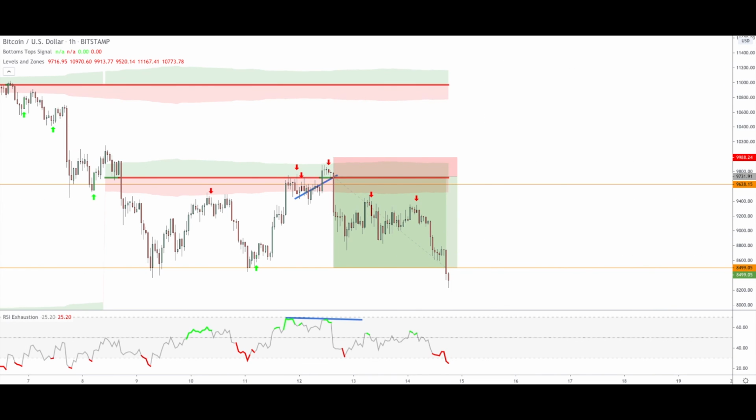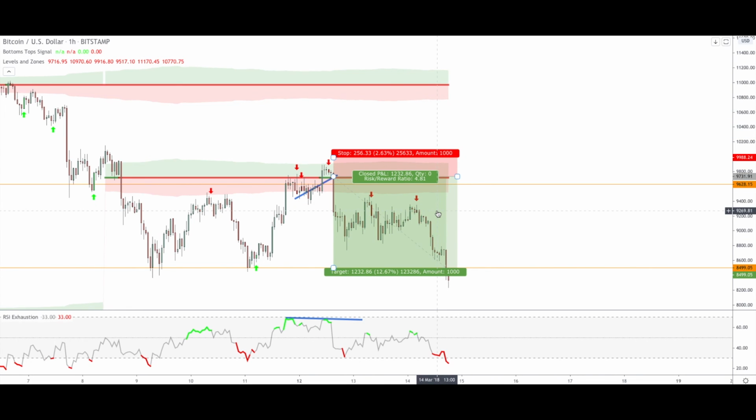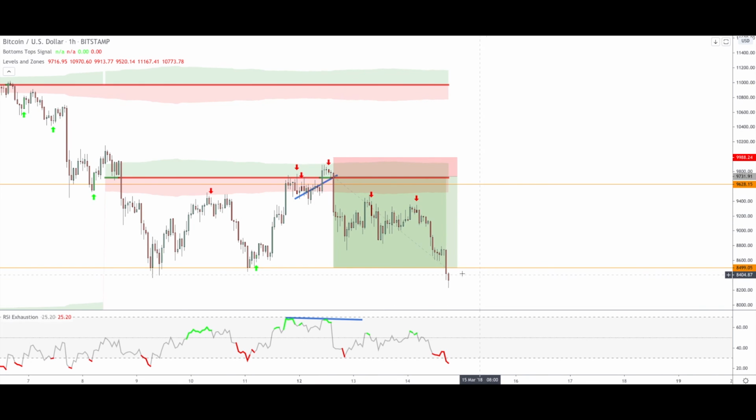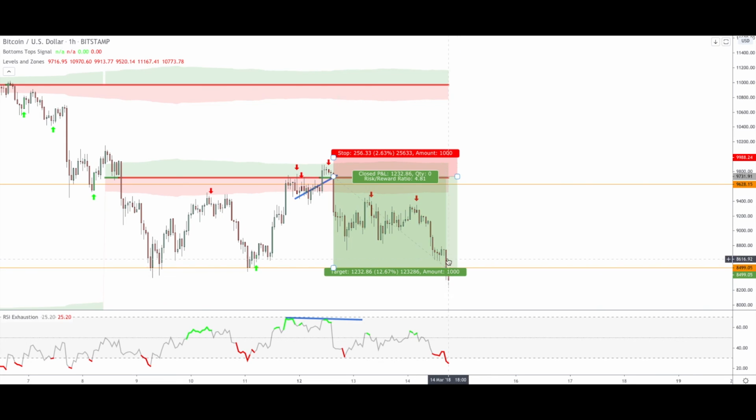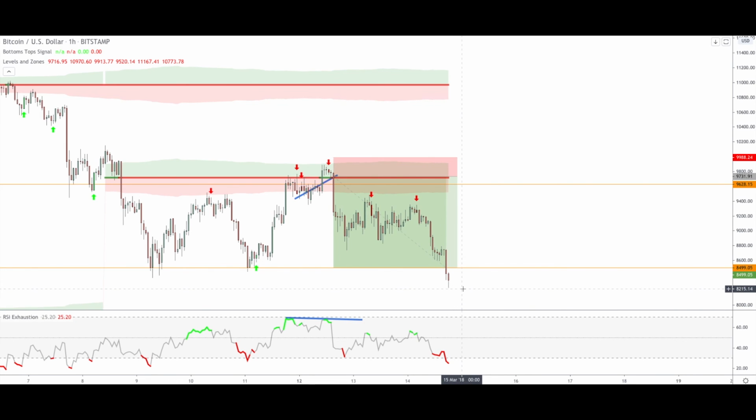I just don't care what it's going to do, because right now, first of all, I got a profitable trade. I closed a trade with almost a 5x return, which is excellent. And the second thing is that I don't know what it's going to do, because right now I don't have any technical evidence that tells me where the market is going.